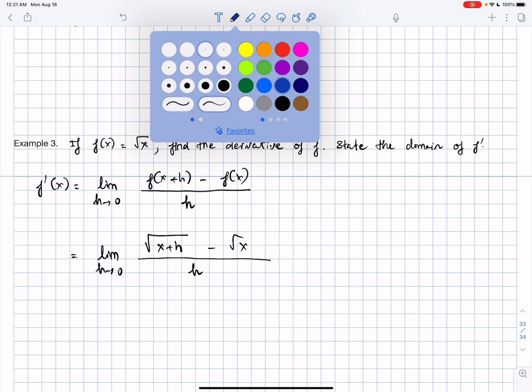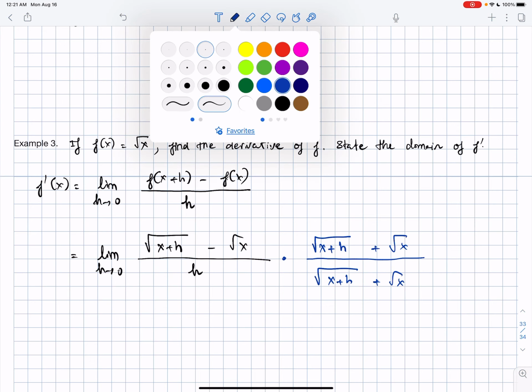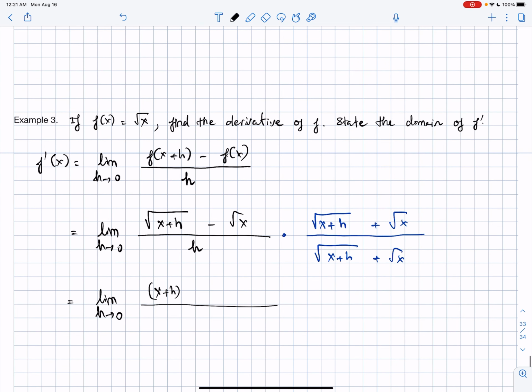So we will do some algebra to fix this, so we multiply by the conjugate: square root of x plus h plus square root of x, divided by square root of x plus h plus square root of x. On the top, the square root of x plus h squared becomes x plus h only, and minus square root of x squared becomes x.